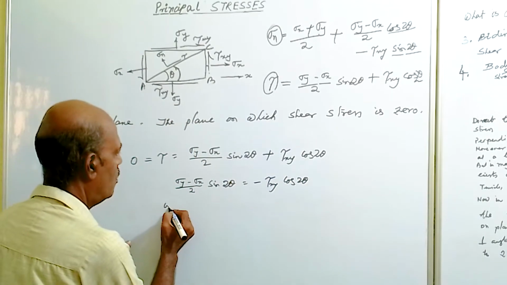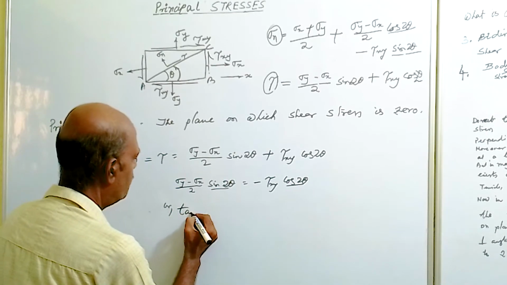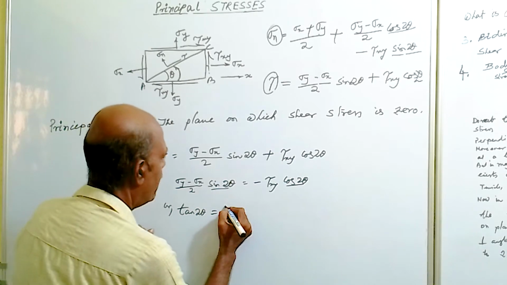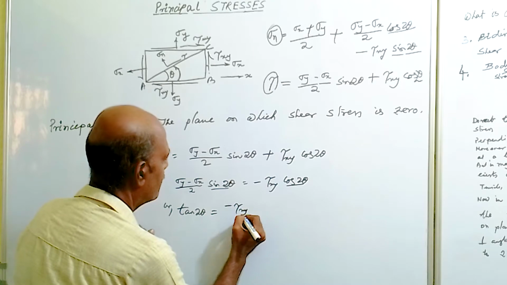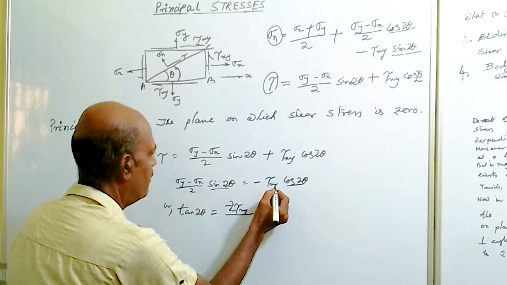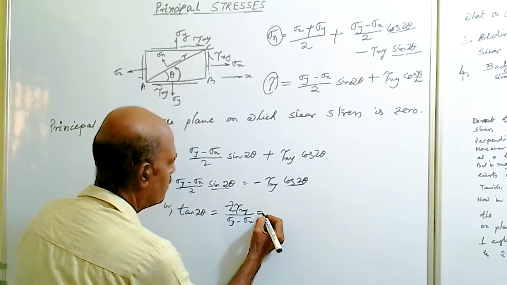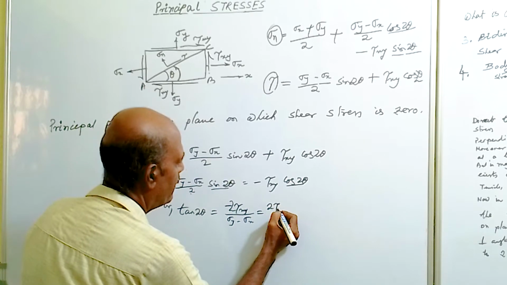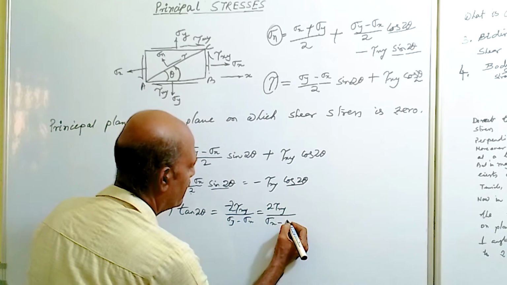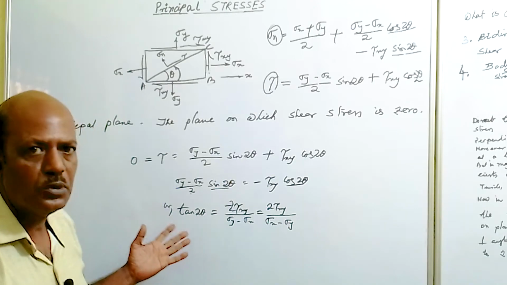So sin 2 theta divided by cos 2 theta, that is tan 2 theta, becomes minus 2 tau xy by (sigma y minus sigma x), which you can write as 2 tau xy by (sigma x minus sigma y). So we have got the tan 2 theta value.